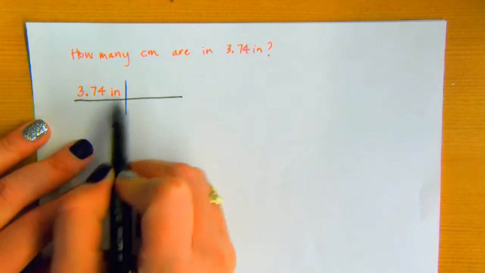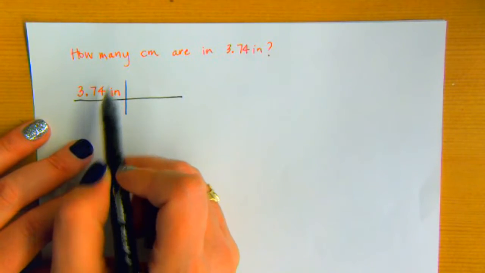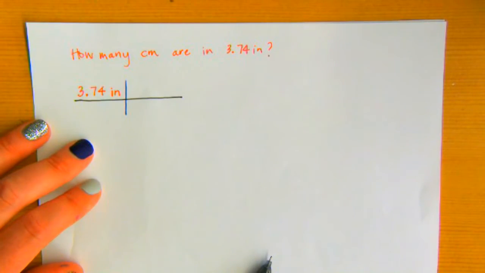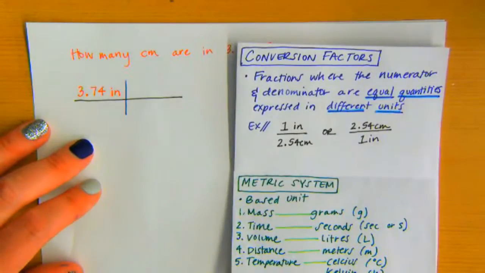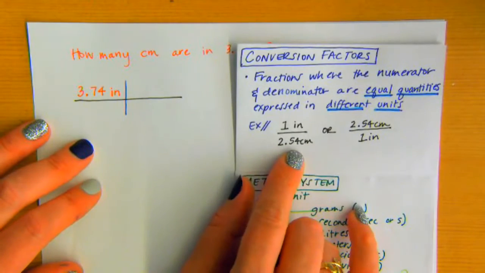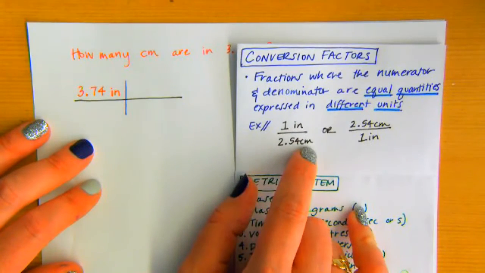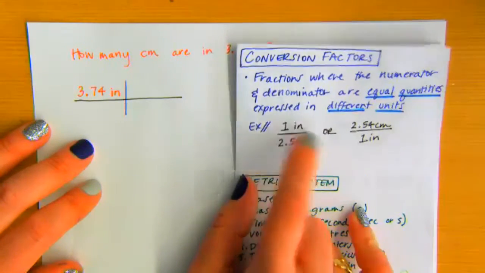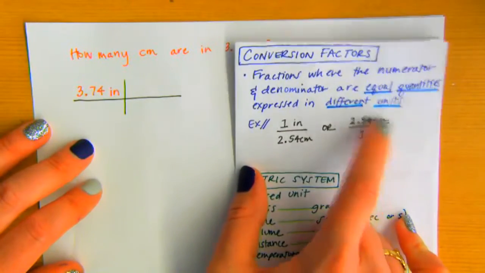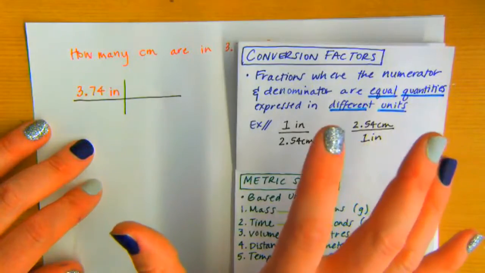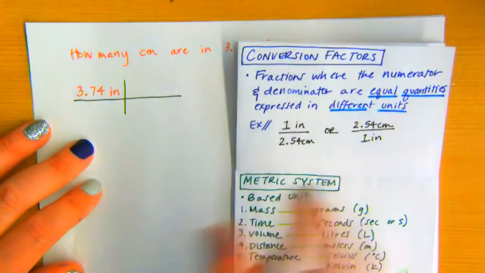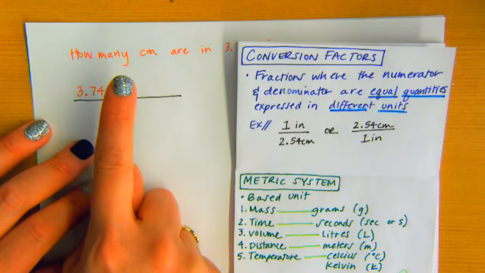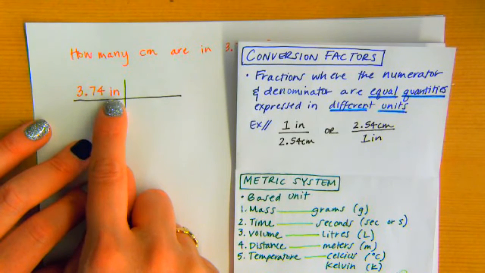So we put what we know in that top left corner, and then we're going to start out by putting in some conversion factors. Now, if we look at our notes from today, we were given a conversion factor between inches and centimeters. Now, you can either go from centimeters into inches, or you can go from inches into centimeters. It doesn't matter. You just need to use the correct arrangement for what you've been given here. Since we are trying to go from inches into centimeters, we need to get rid of inches.